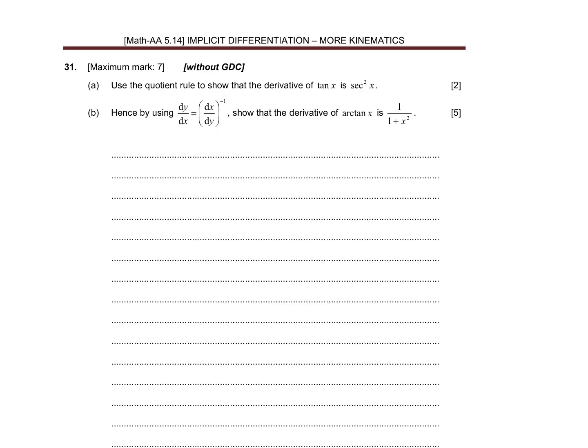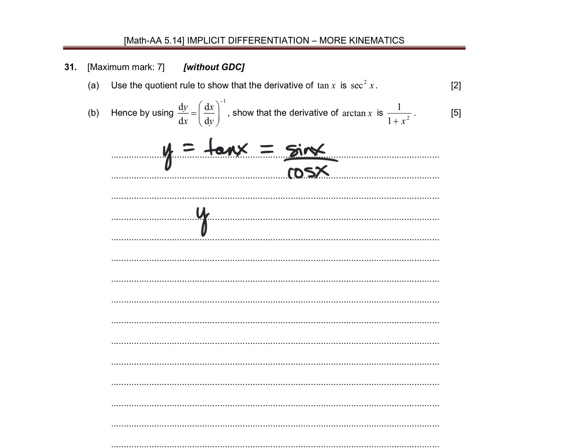All right, use the quotient rule to show the derivative of tangent is secant squared. So, quotient rule. So if we have y equals tangent x, that's sine over cosine.